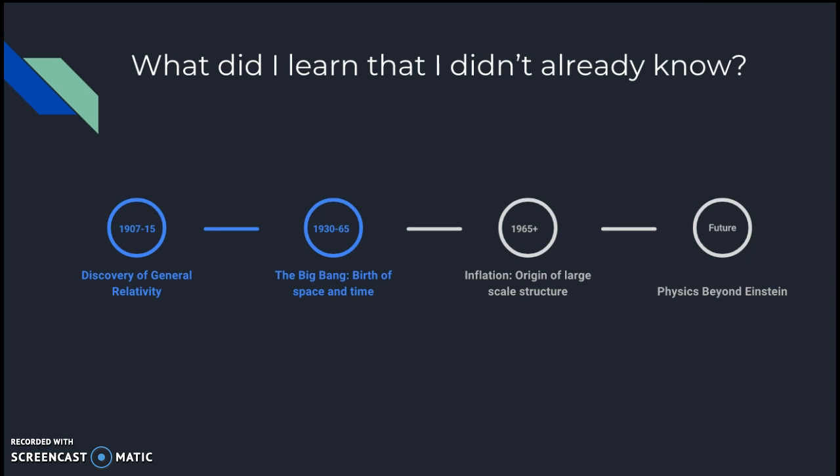Then we looked at the Big Bang, which was the birth of space and time in the 1930s. This was really around cosmology and the evolution of geometry. It grew from Einstein's equations about space-time curvature and how that related to matter and stress energy.